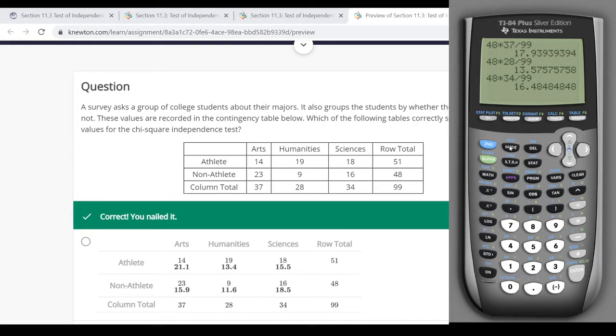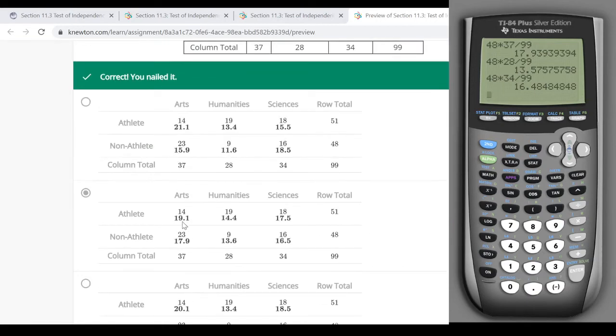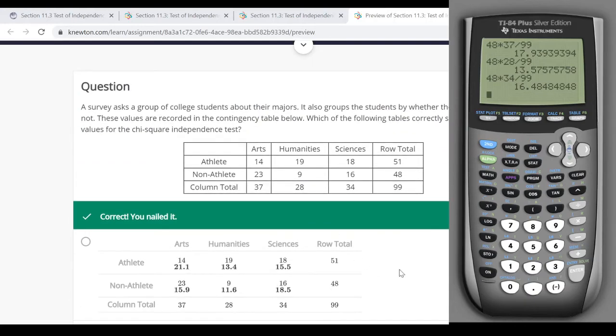And now you'll see the calculator can make this matrix of expected values, with all the 19.1, 14.4 and all the expected counts for a sample of size 99. It'll do it for you. Now this is kind of getting ahead of ourselves, but when you run a chi-squared test, remember how to run tests.